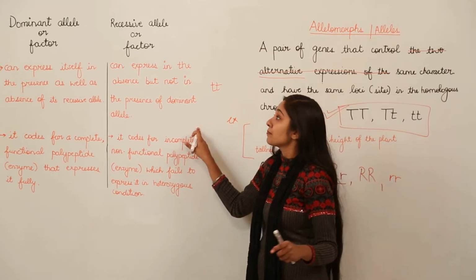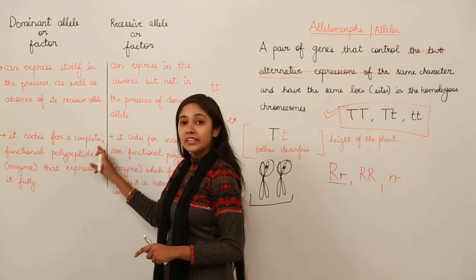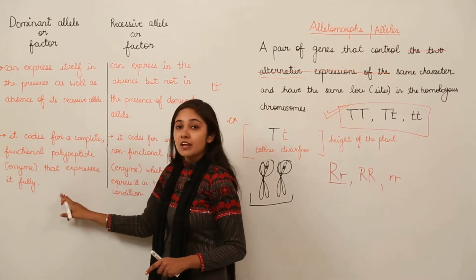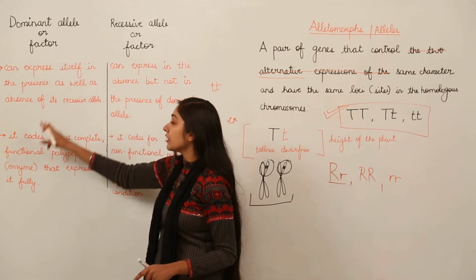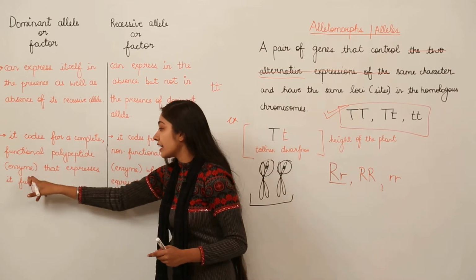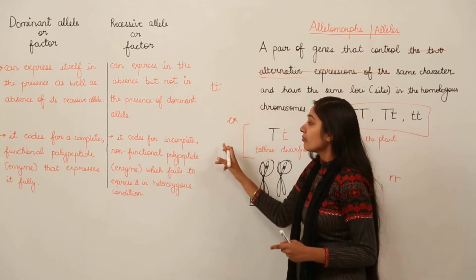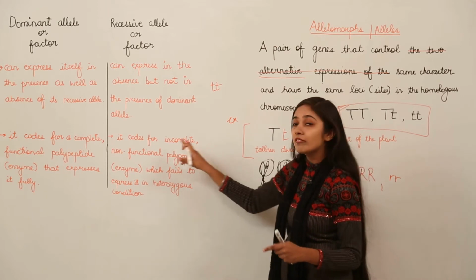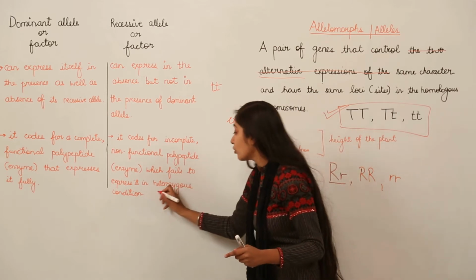Why is the dominant allele expressed? Because it encodes a complete functional polypeptide in the form of an enzyme that expresses it fully. But the recessive allele or factor encodes an incomplete non-functional polypeptide in the form of an enzyme which fails to express in the heterozygous condition.